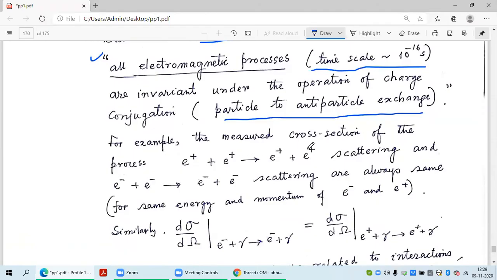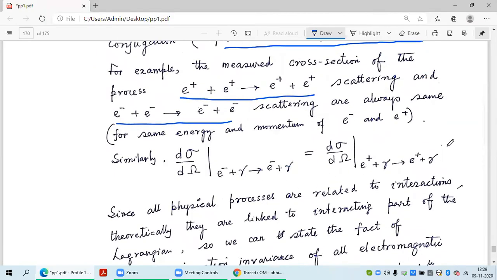For example, if you measure the cross section of this process, electron-positron scattering with some energy and momentum of the electron and positron, and you measure the cross section of this scattering, and then the scattering obtained by flipping the signs of all particles here, you will find that these two cross sections are exactly equal.